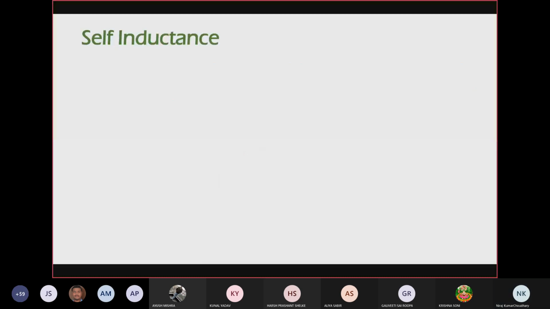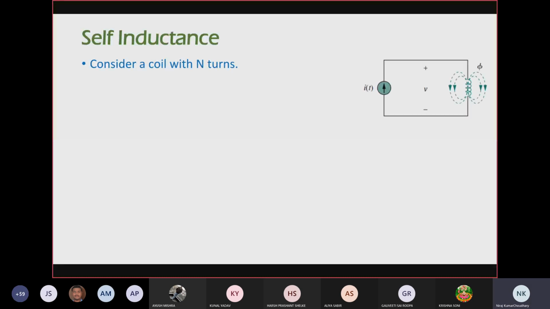Now we will talk about self inductance. So let us consider a coil. This is the coil, and it has n number of turns. When a current, suppose i, starts flowing through this circuit, then what will happen?